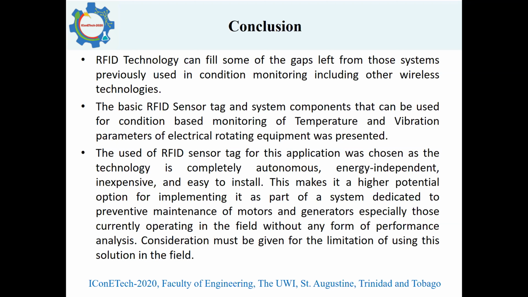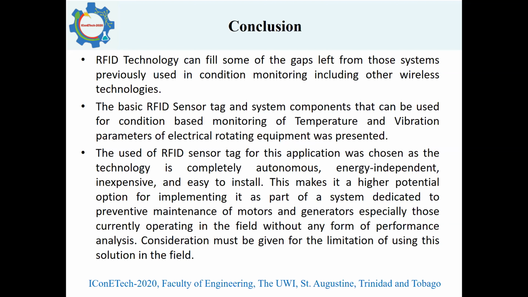The use of RFID tags for this application was chosen as the technology is completely autonomous, energy independent, inexpensive, and easy to install. So it has high potential for implementing in parts of the system for preventative maintenance of these systems. Consideration must also be given to the limitations of using this type of technology.